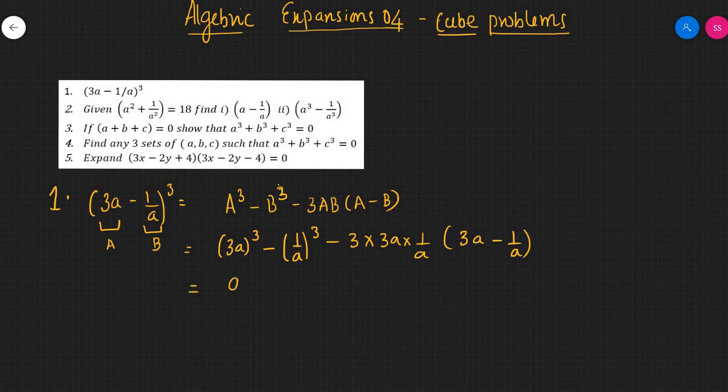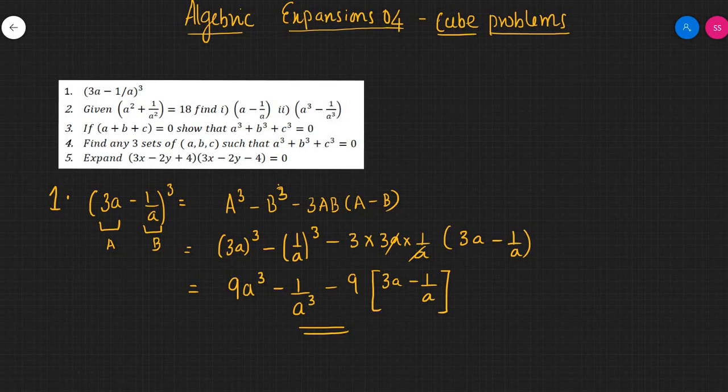That would be equal to 27a cube minus 1 by a cube minus 9, because a and a got cancelled, times 3a minus 1 by a. So yeah, that would be your answer.